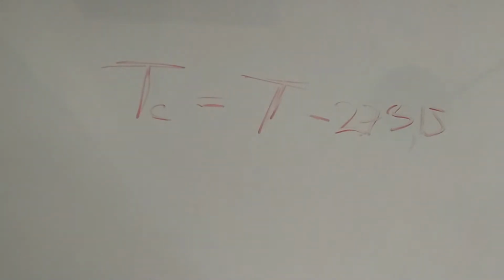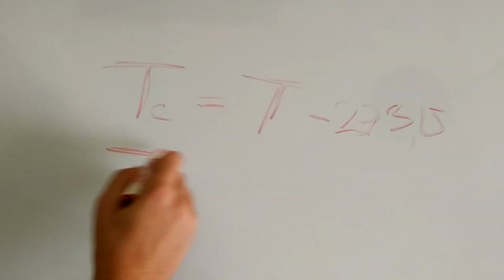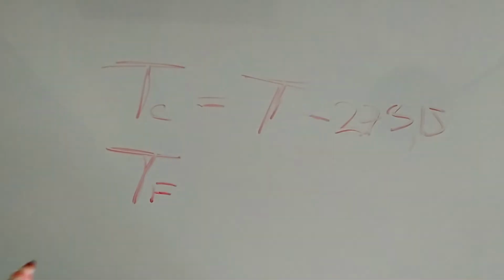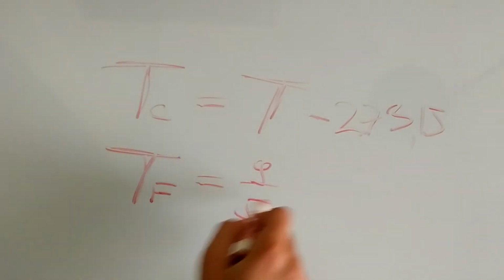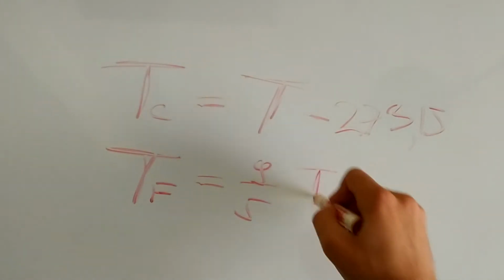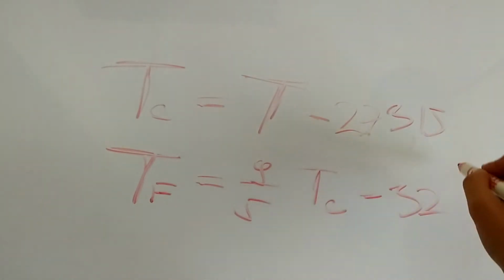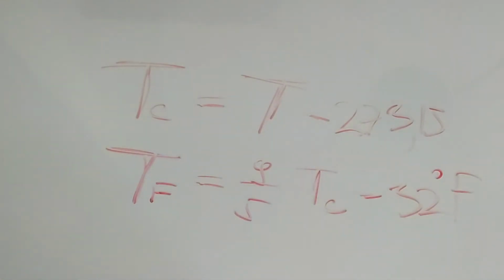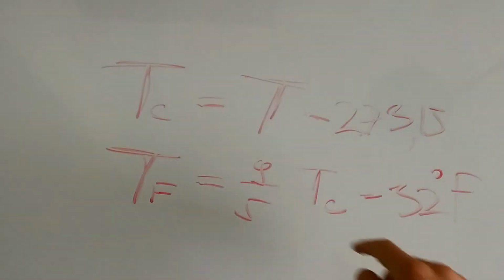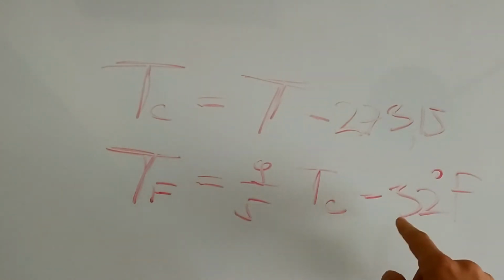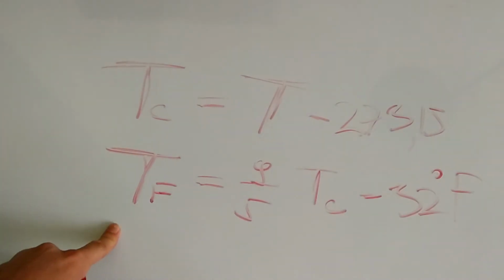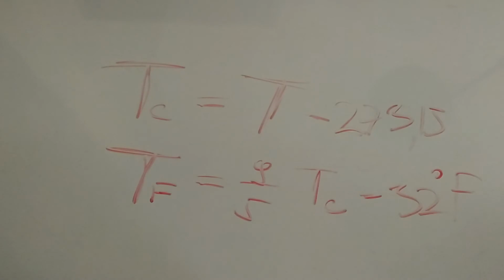Okay, and what about the Fahrenheit scale? Well, if we have the temperature given in Celsius, we have to multiply it by 9/5, then add 32 degrees, and we'll get the temperature in Fahrenheit.